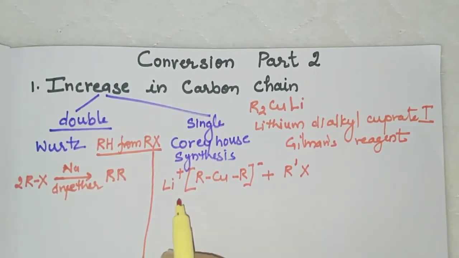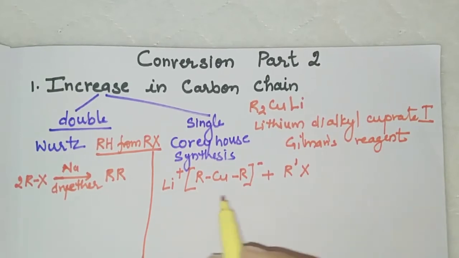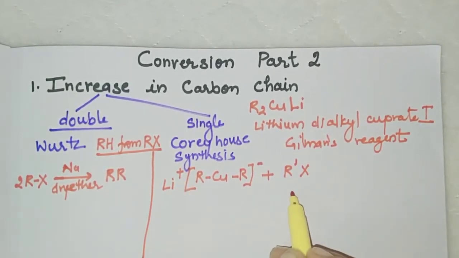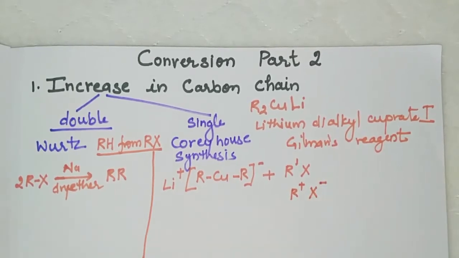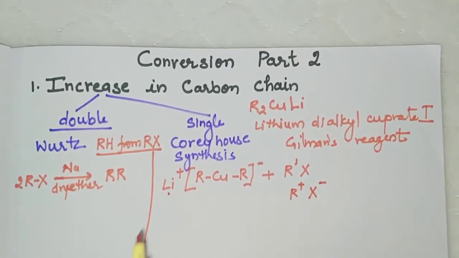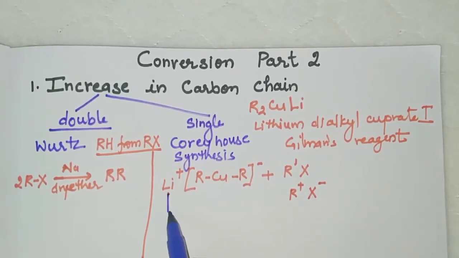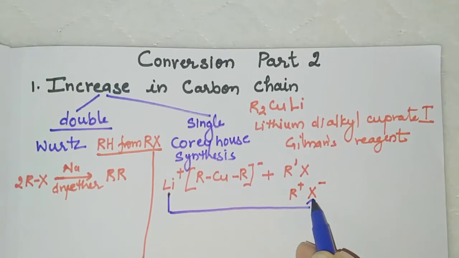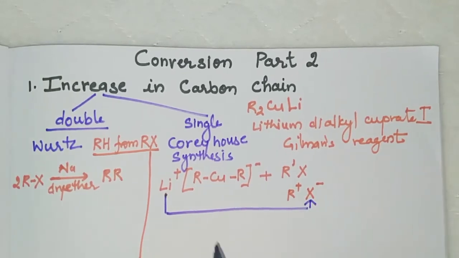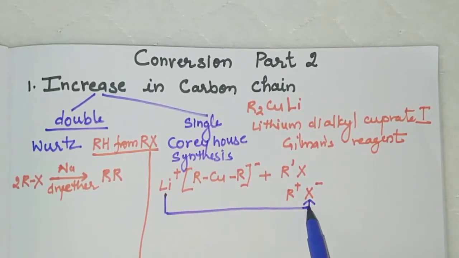Now see what will happen here. This Li, and this is already in the form of R'X, will break up as R' plus and X minus. Now what will happen? This X minus will go and attack on this, so this will become our LiX.